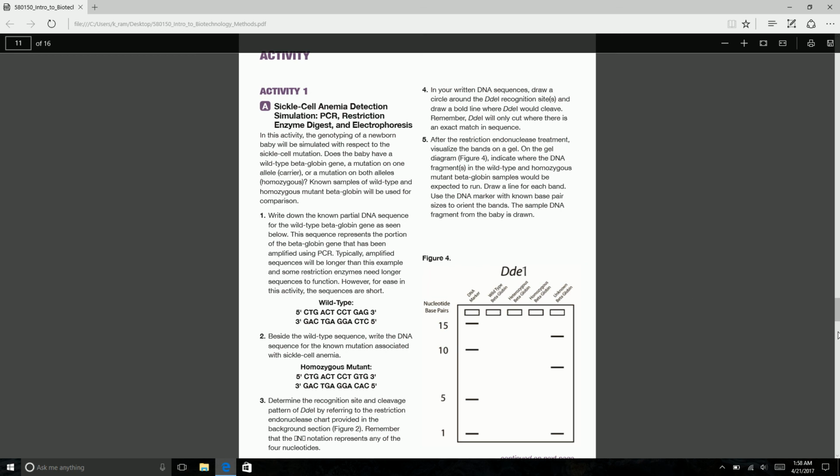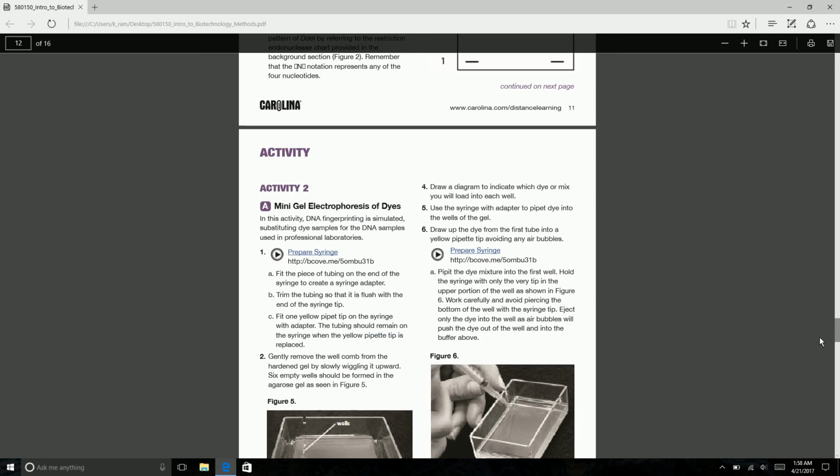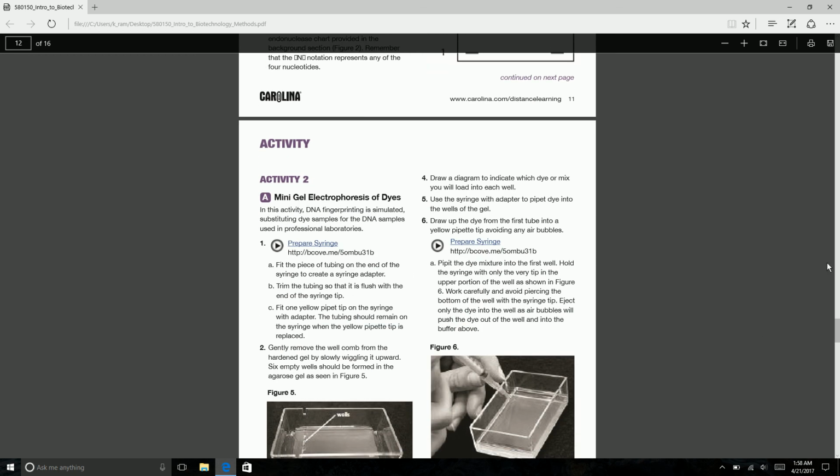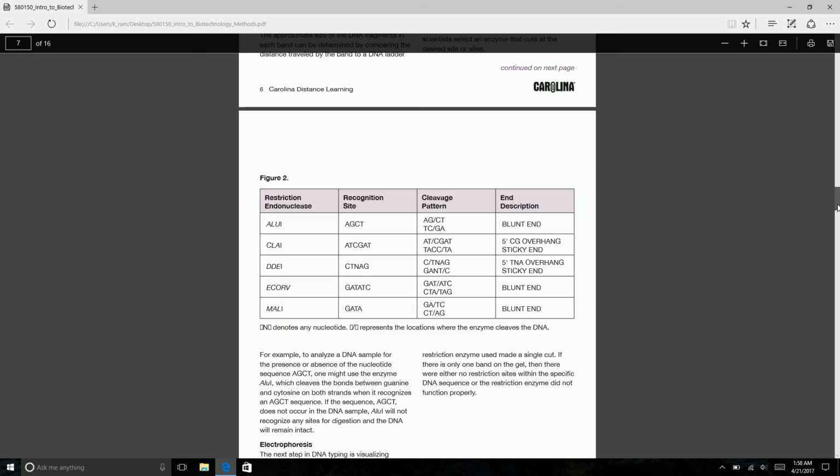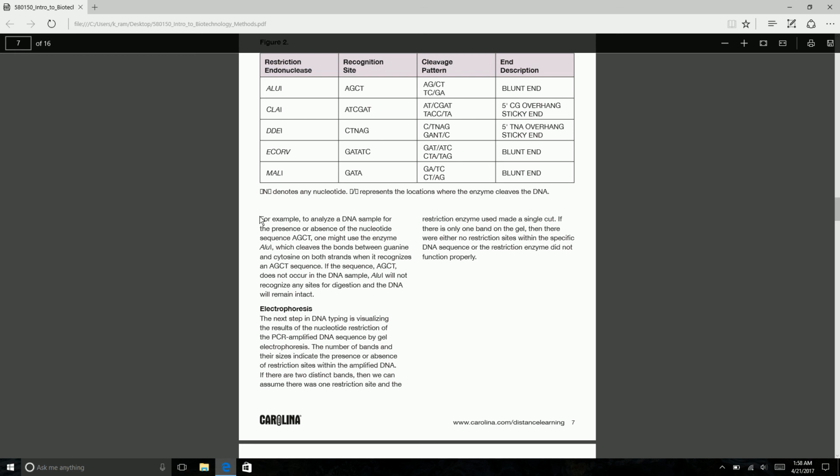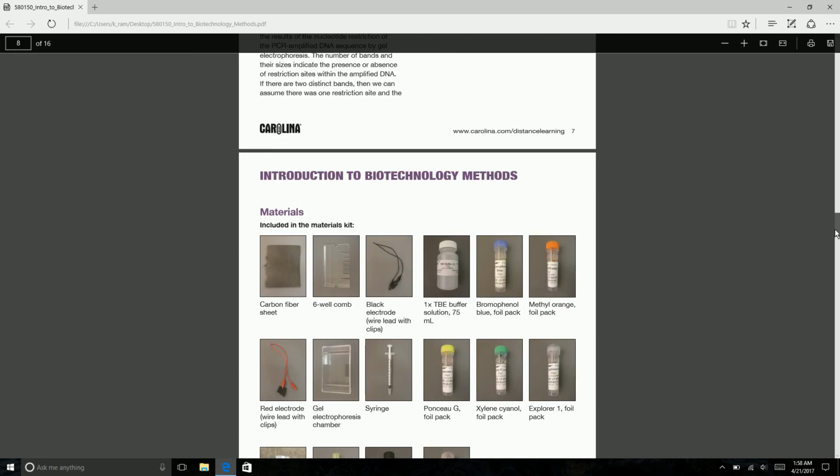If you go back, they have given us a lot of information about 5-6 restriction enzymes here. So you will be using this one. I have provided that information in the worksheet also.